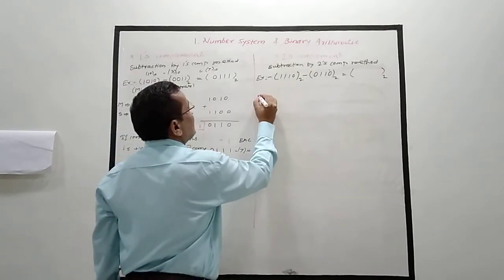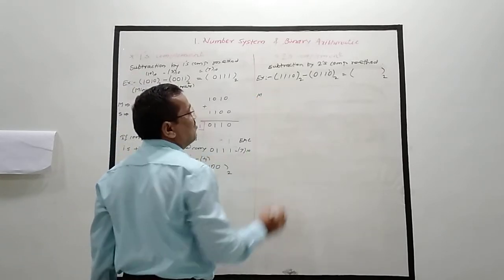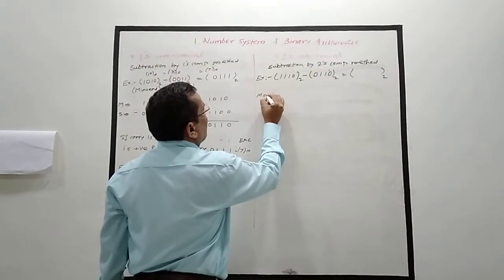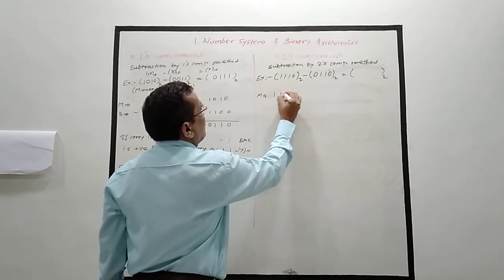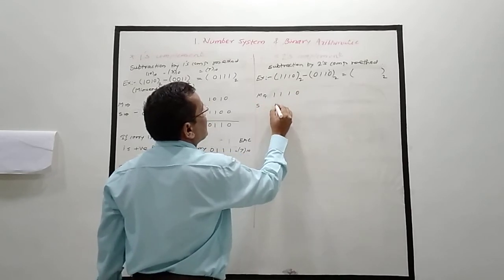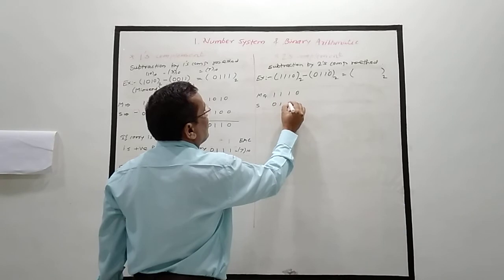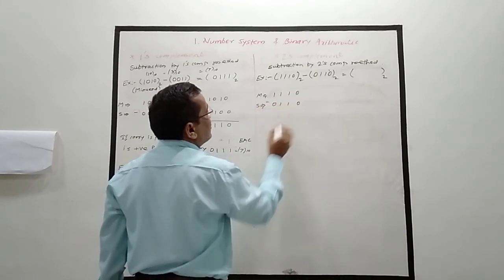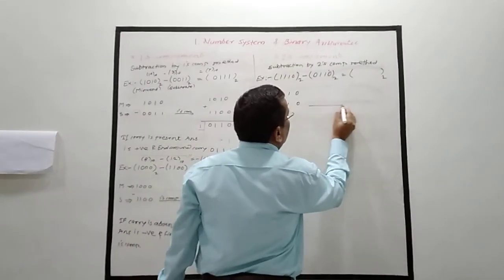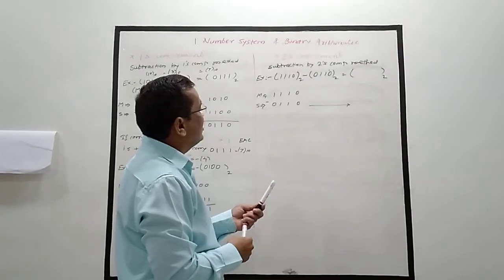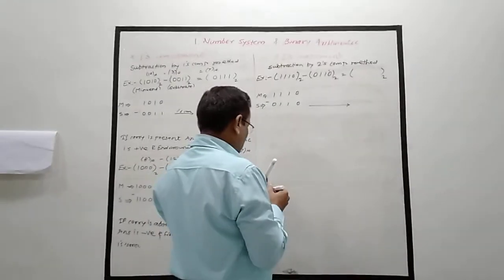Now here in this case, write minus first of all. 1110 and subtract is 0110. They are going to subtract, but we are not subtracting these numbers. Actually we are doing the addition by twos complement.